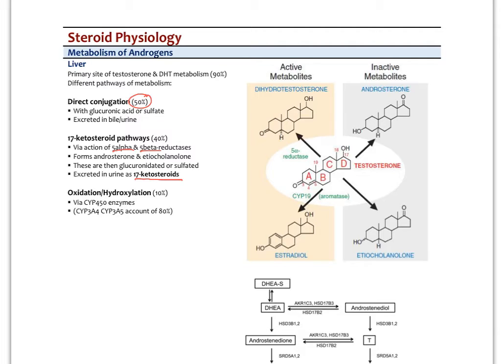And then about 10% go through phase 1, oxidation hydroxylation, and they can be excreted directly or further conjugated with glucuronic acid or sulfate. So increasing sulfation, for example, would increase clearance of testosterone through the liver.